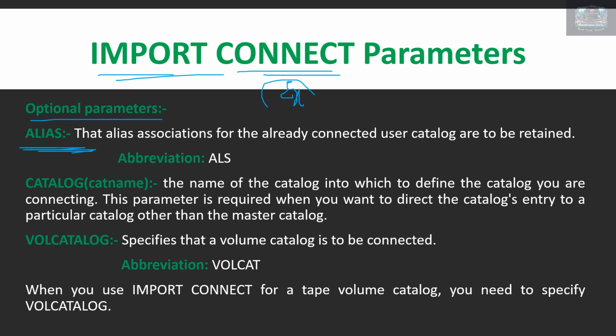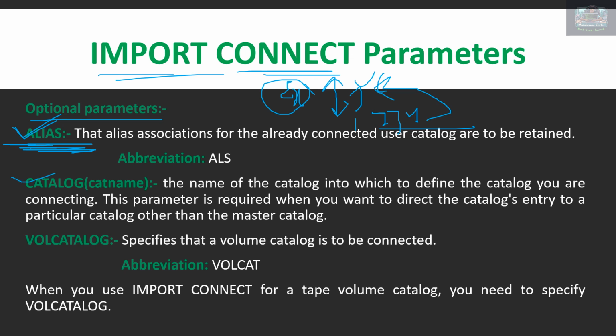At that time, if you give this ALIAS optional parameter, all the aliases that were there before will automatically be mapped to your user catalog. So whatever aliases were there before, whether 3000, 3500, or 2000 aliases, will be mapped to your user catalog if you keep this ALIAS keyword. It's better to keep this ALIAS keyword when you're running this import connect. If there are some aliases, they'll be connected. If there are no aliases, it will not affect the job.